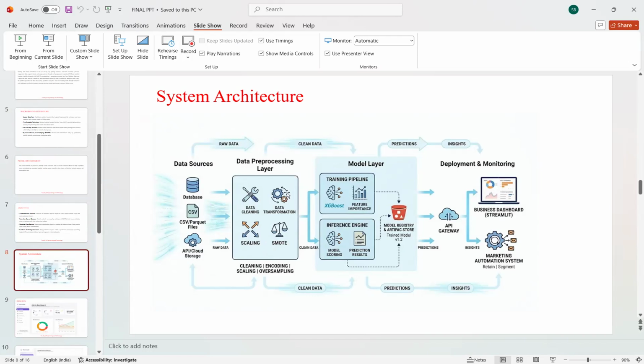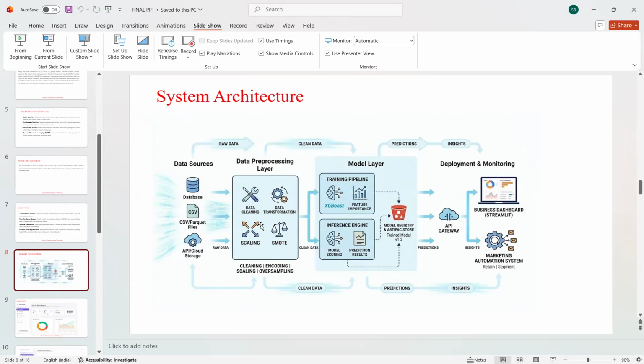Data transforming: convert raw data into machine readable format. For example, converting male or female into numbers, or converting data into numerical values. Third one will be SMOTE. Here, churn data sets are usually imbalanced, so it creates synthetic minority examples to balance the data sets.